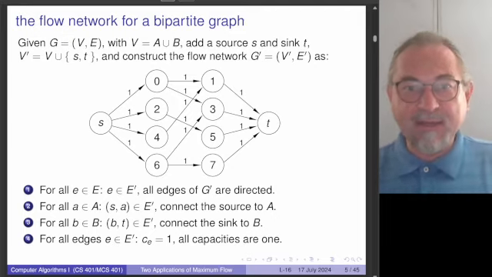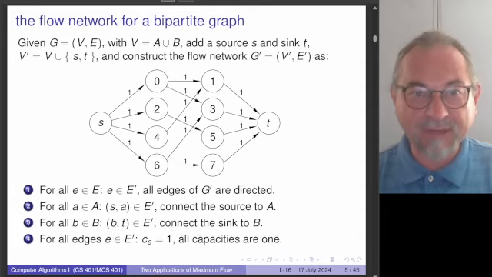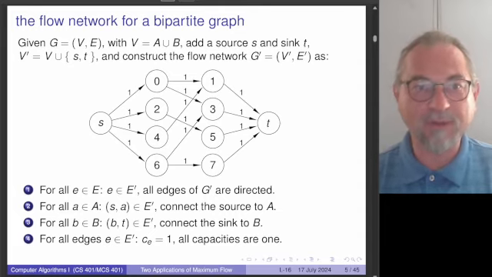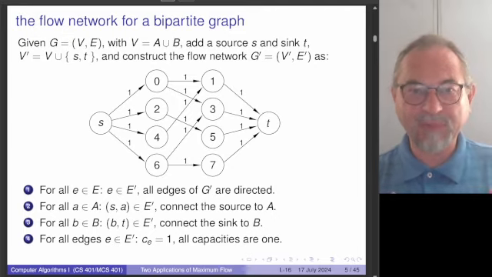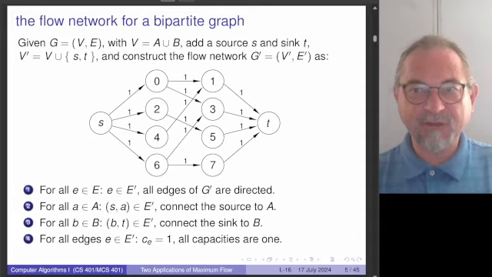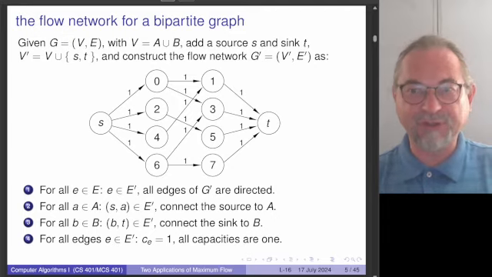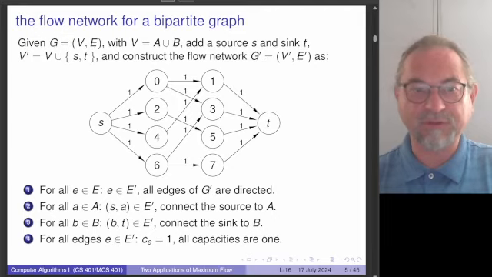So any bipartite graph can be transformed to a flow network. We add a source and a sink, and then we keep all edges, but we work with the directed graph. So all the existing edges are going from the first set to the second set. We connect the source to all the vertices in the first set. All the vertices of the second set are connected to the sink, and all the capacities of the edges are 1.